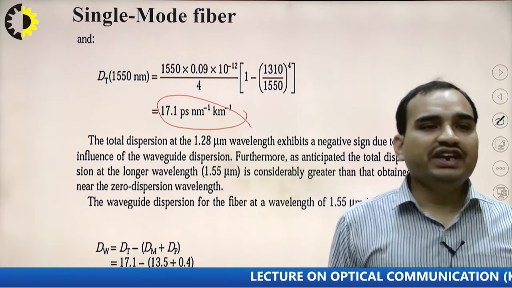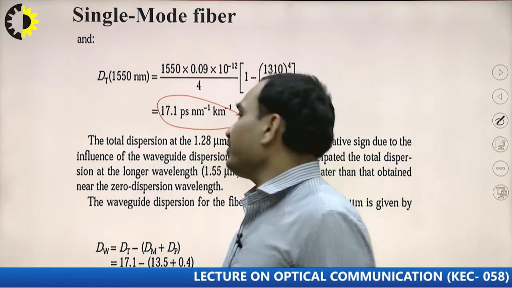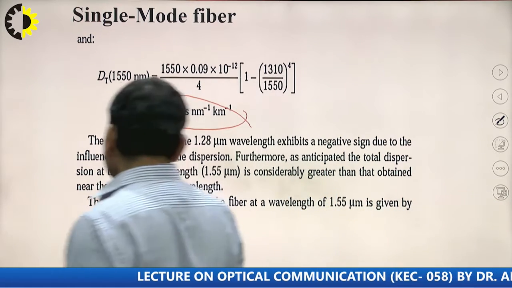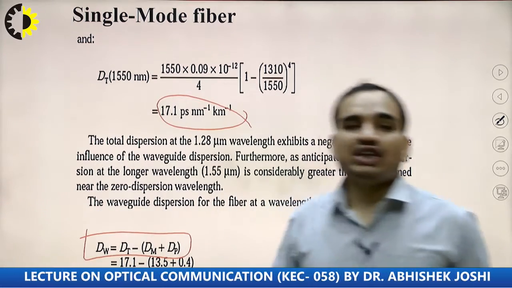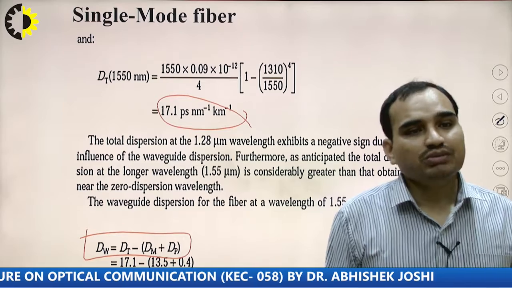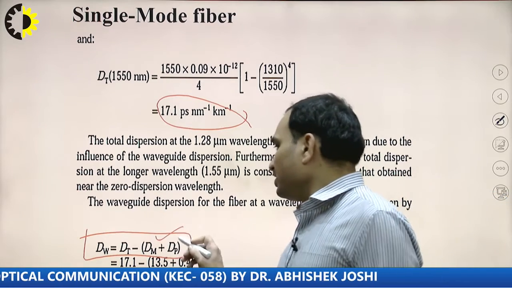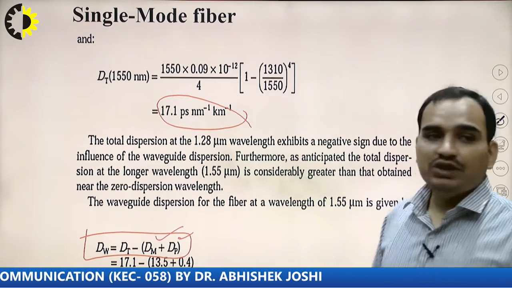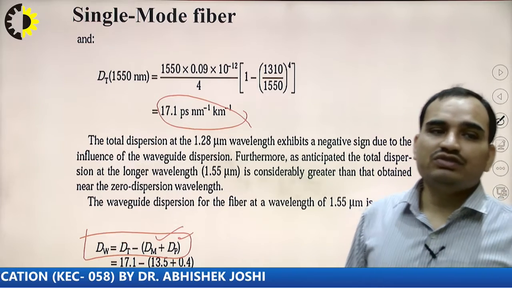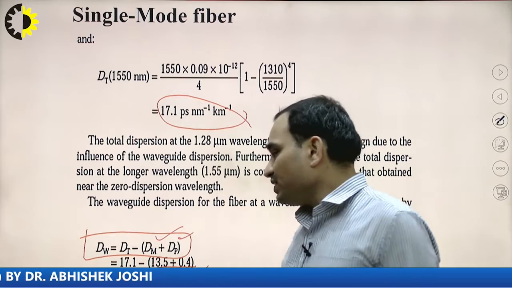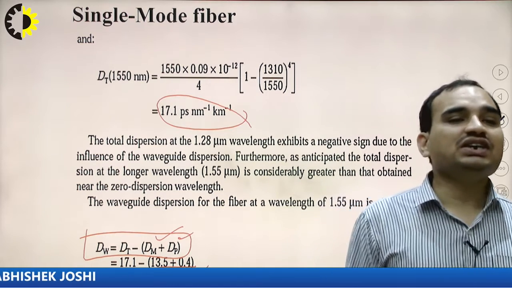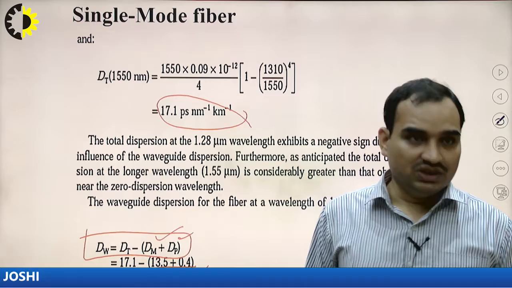The waveguide dispersion at 1.55 micrometer wavelength is the total dispersion minus material dispersion plus Dp: 17.1 minus 13.5 plus 0.4, which gives 3.2 picoseconds per nanometer per kilometer.